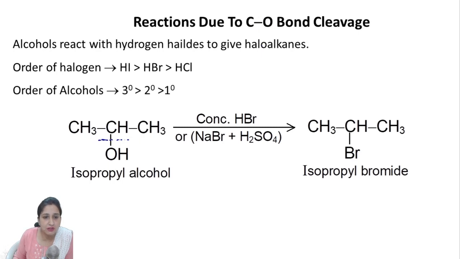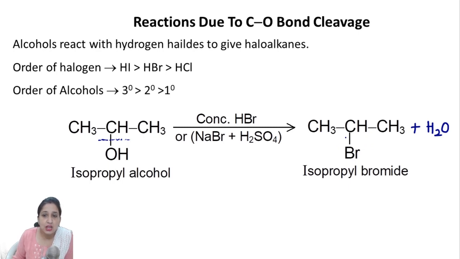So this bond will be broken from here, and this place will be occupied by the bromide ion. Clear beta? OH from the alcoholic group and H from this hydrogen halide, or you can say any halogen acid, they will be removed as water, and we will get haloalkanes.